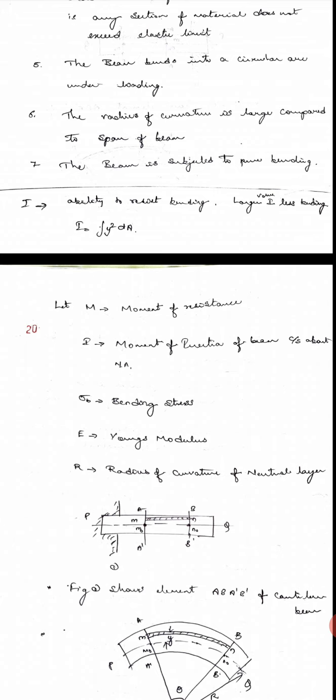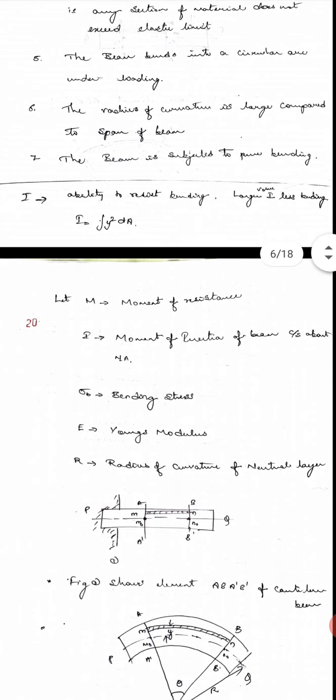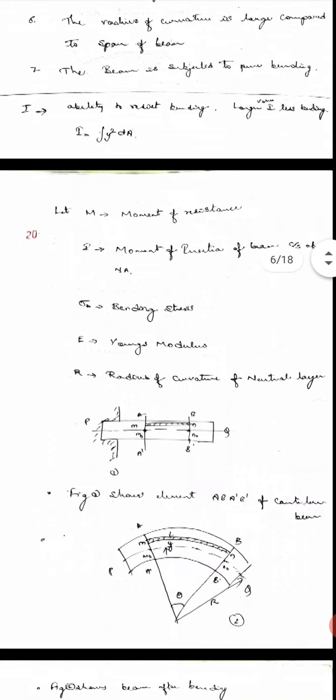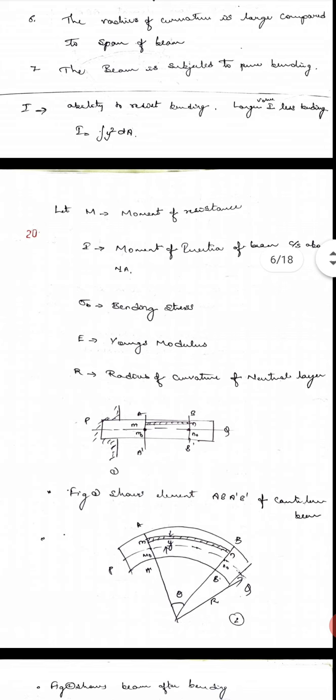So consider the beam PQ, arbitrary length AB. NO is the neutral axis, original, before bending. MN is an arbitrary strip above the axis.